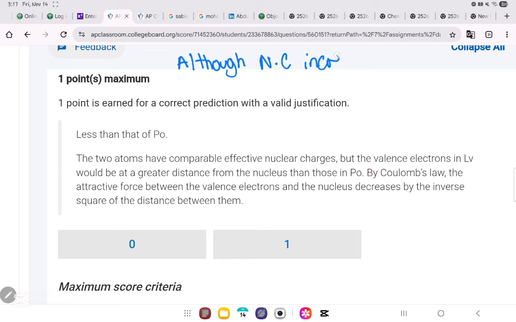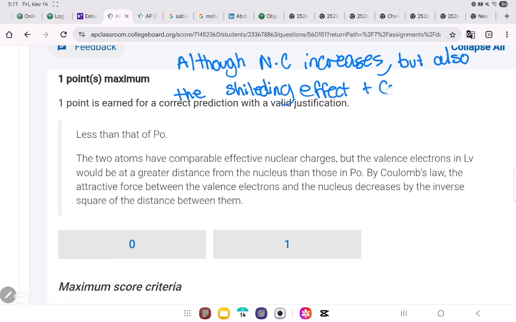Although nuclear charge increases, but also the shielding effect and core electrons, what happens to them? They also increase as well.